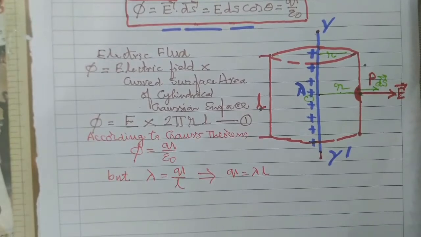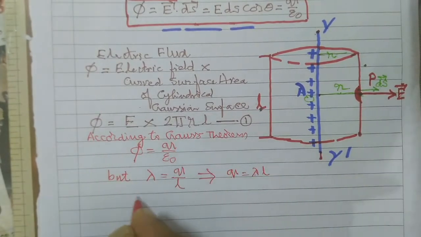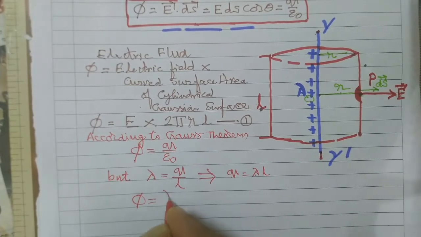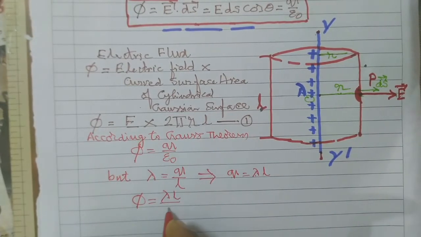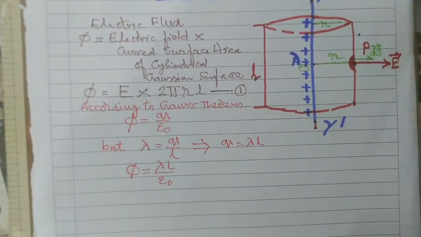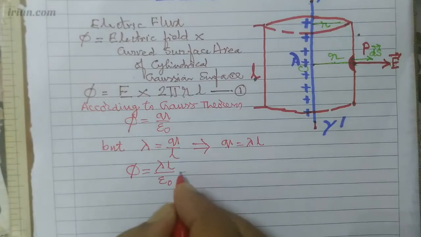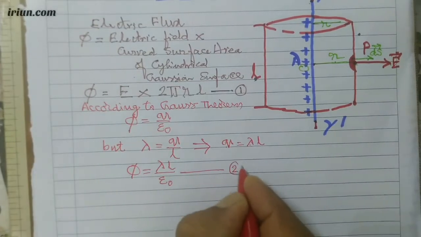Let us substitute q is equal to lambda L here. Then phi is equal to lambda L by epsilon 0. See here, this one we have got from the Gauss theorem. This one we have got from the figure. Let us consider this as equation number 2.